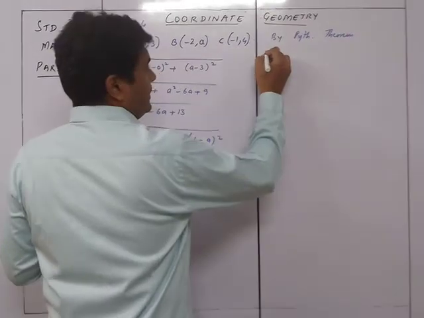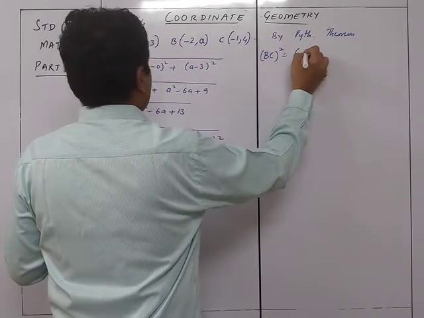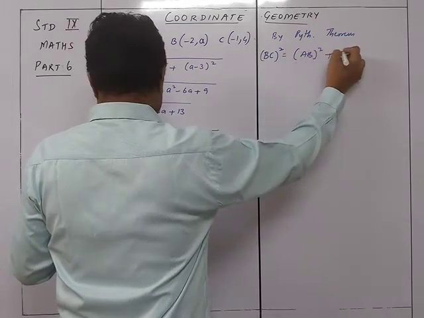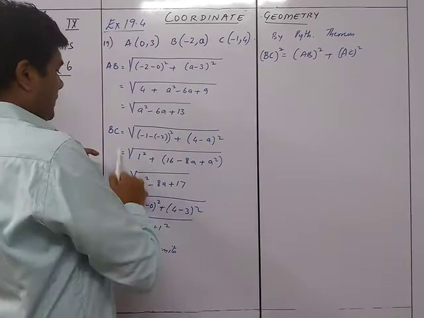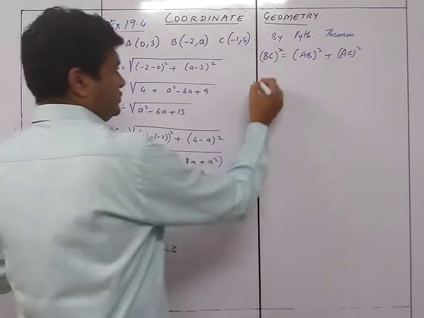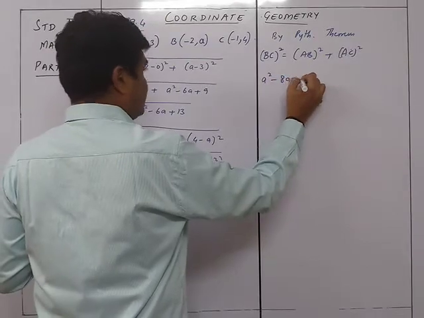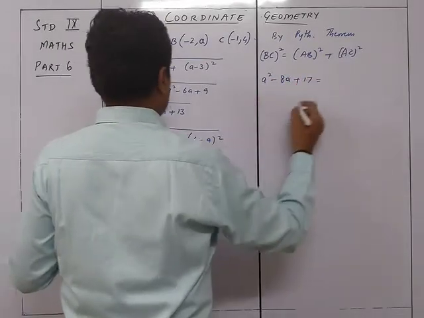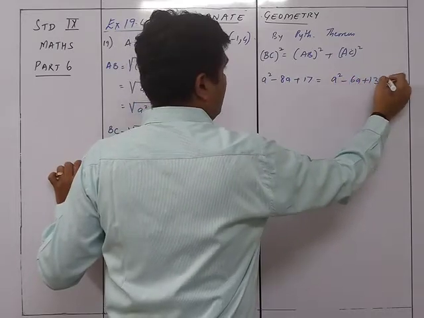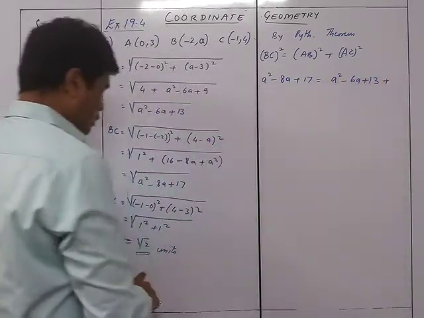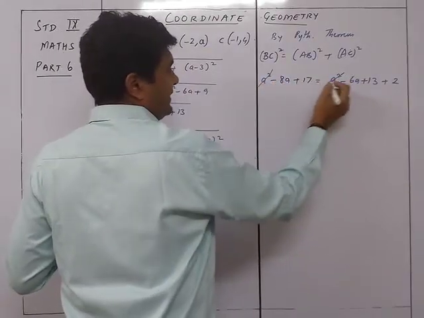So we know that BC square is equal to AB square plus AC square. BC square, and the square root goes away, so it will be A square minus 8A plus 17 is equal to A square minus 6A plus 13 plus root 2 whole square, which will be 2. A square and A square get cancelled.